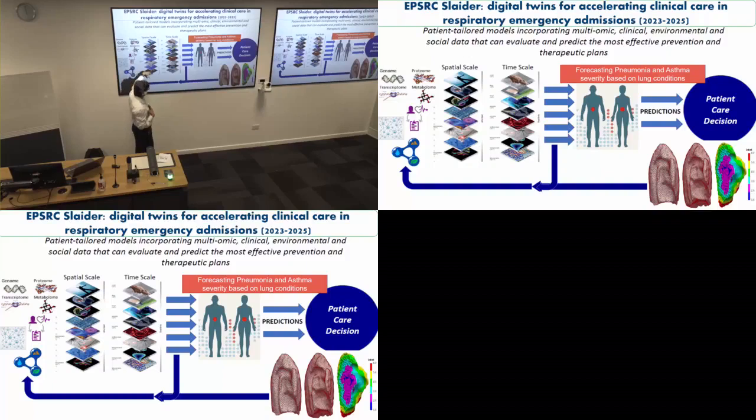So if we bring this data and physics model together, the conditions that we're looking at in this project are mostly pneumonia and asthma, because most of the hospital admissions during summer are due to COVID, obviously, or due to those two conditions.